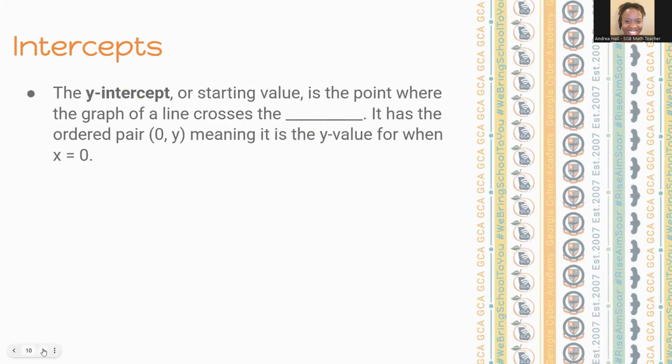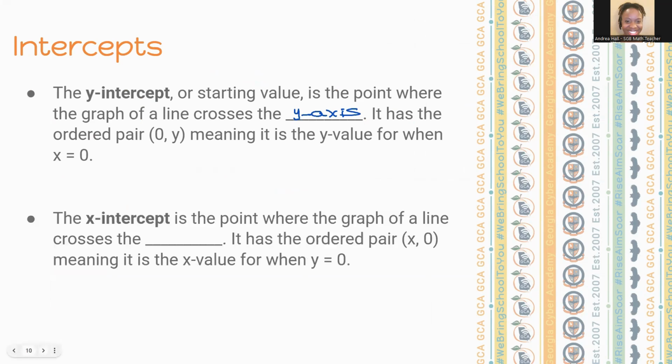All right, intercepts. The y-intercept, or the starting value, is the point where the graph crosses the y-axis. That's why it's called the y-intercept. The x-intercept is the point where the graph crosses the x-axis.